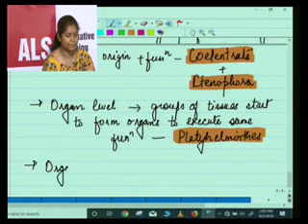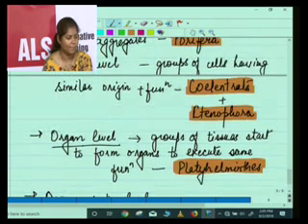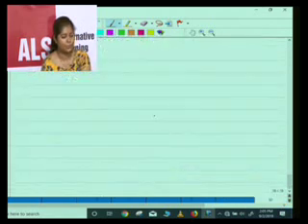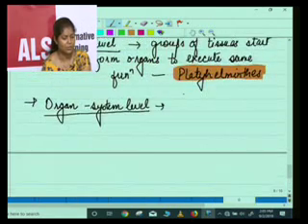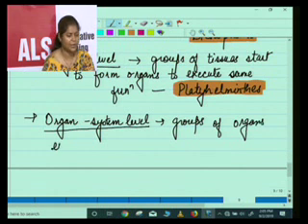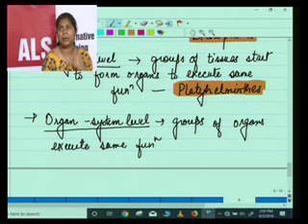Next comes organ system level organization. What is it? Groups of organs execute the same function. For example, the stomach is an organ, but the alimentary canal is an organ system.